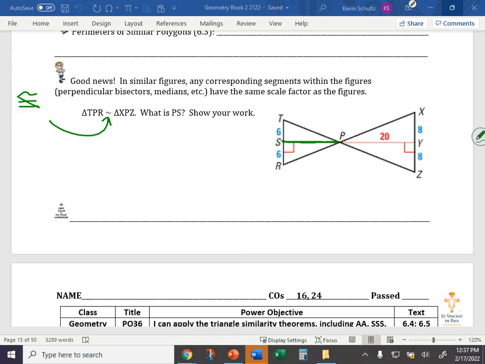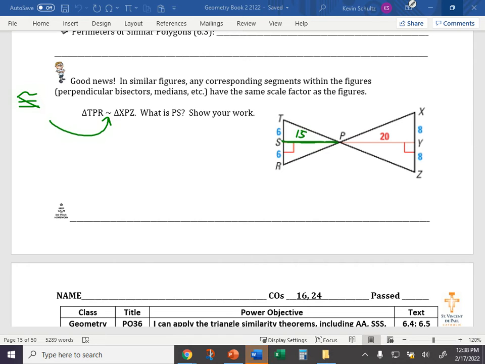Take a look at the given information. Knowing that these triangles are similar, we're already told that. That's part of the given. Will? 15. How do you get that? 6 and 8. Yeah, knowing these triangles are similar, we don't have to set up a proportion to prove that they are.